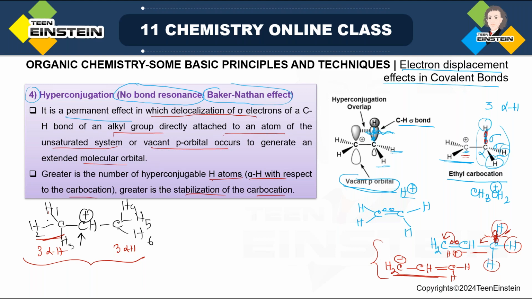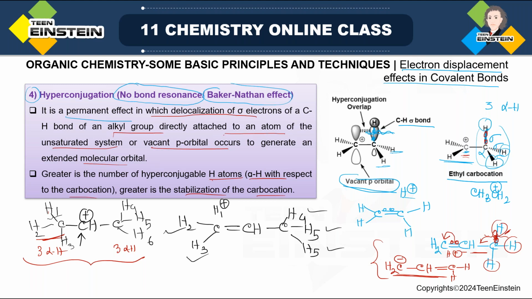So when you will be engaging, you will be breaking this bond, you will get one type of hyperconjugable structure like this. Now there will be a double bond and the carbon positive charge is removed. H1 is carrying some positive charge and this side we have not disturbed, so it is intact. Now the same type of equivalent hyperconjugation structure you can draw for the other 5 hydrogens. So total 6 hyperconjugable structures are possible.